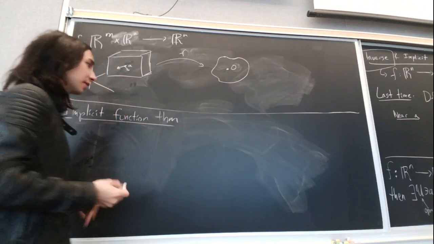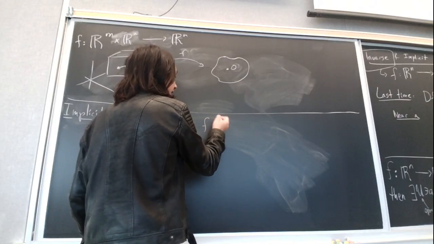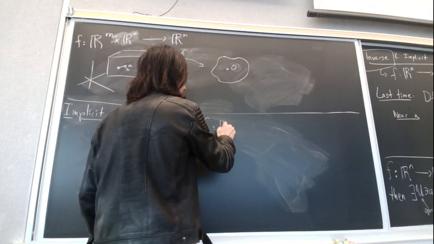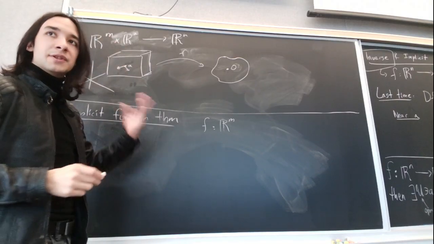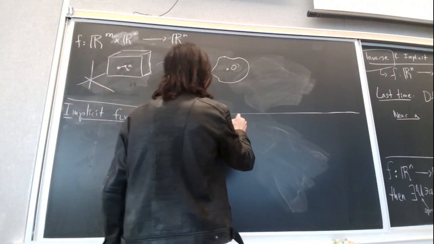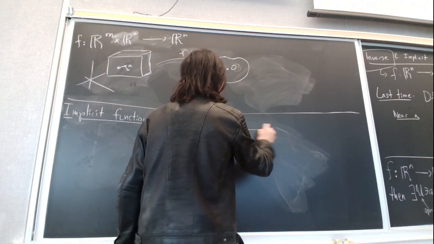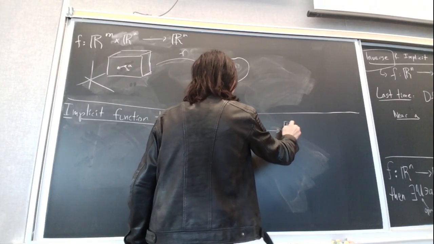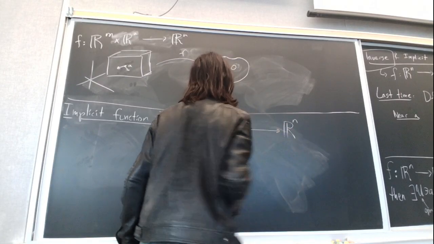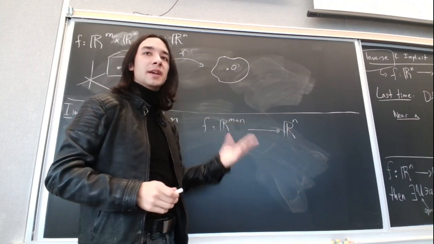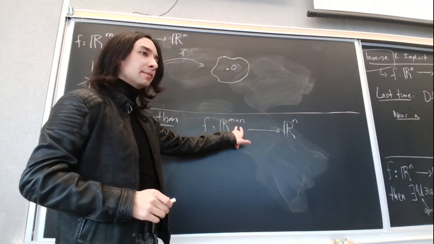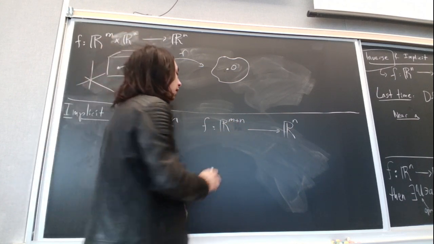The implicit function theorem says: if we have a continuously differentiable function from Rm cross Rn, which remember is just Rm plus n, to Rn. There's no reason to call this anything. I could have said Rk to Rn where k is bigger than n, but I specifically am interested in decomposing it this way.